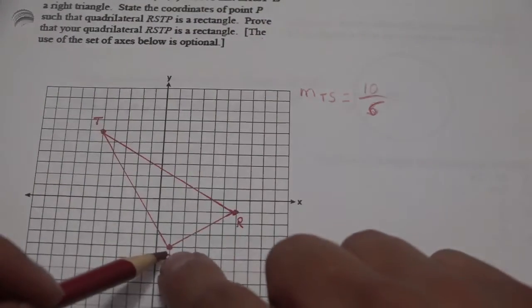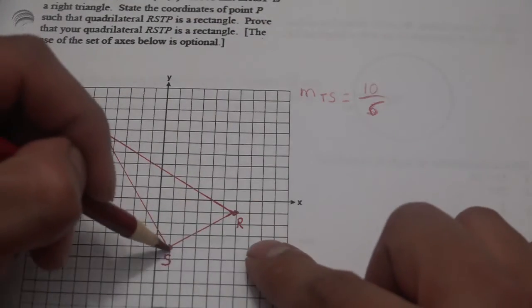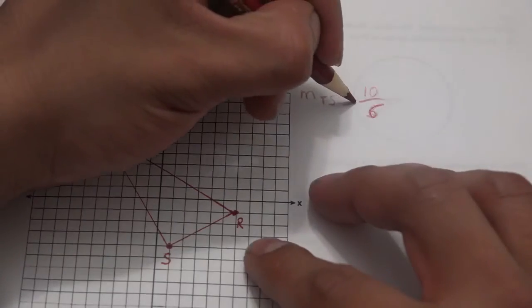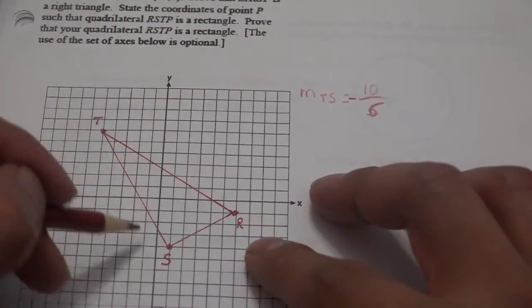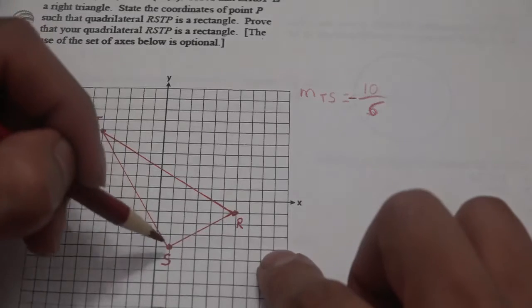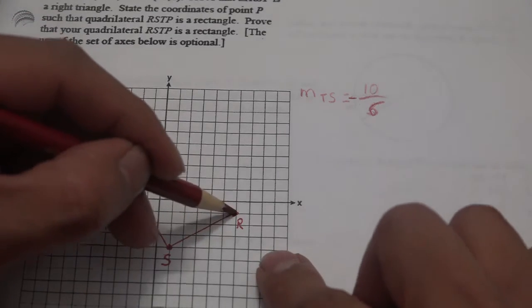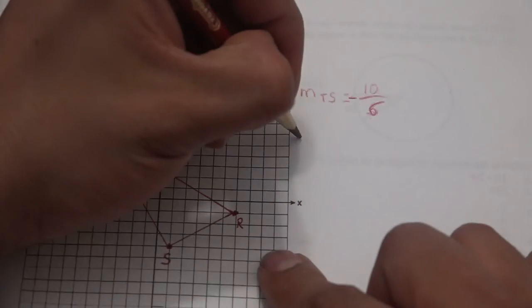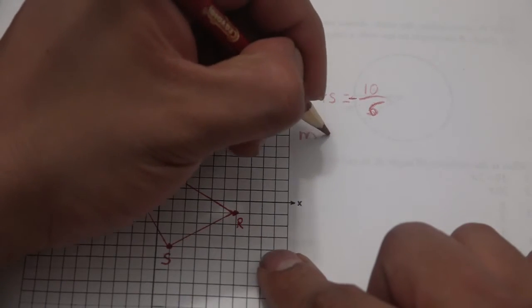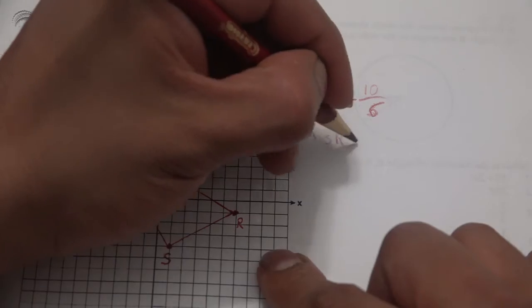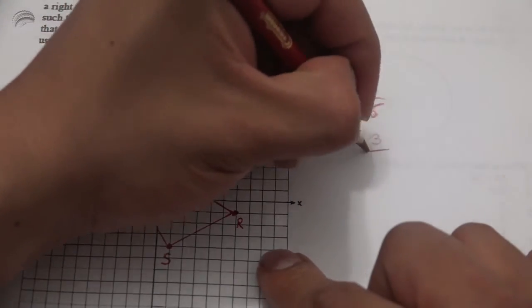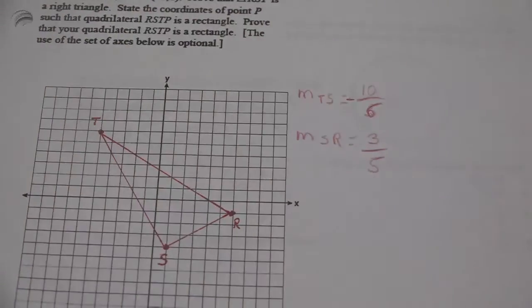And now let's figure out the slope of SR. Well, oh, and this is negative because it goes down. Now let's figure out SR. 1, 2, 3, 1, 2, 3, 4, 5. 3 over 5. So the slope of SR is 3 over 5, positive.